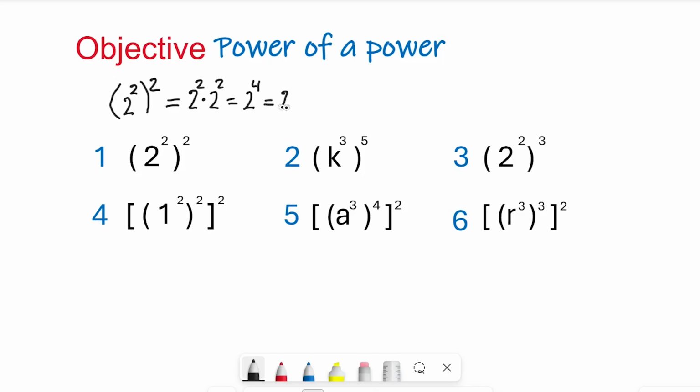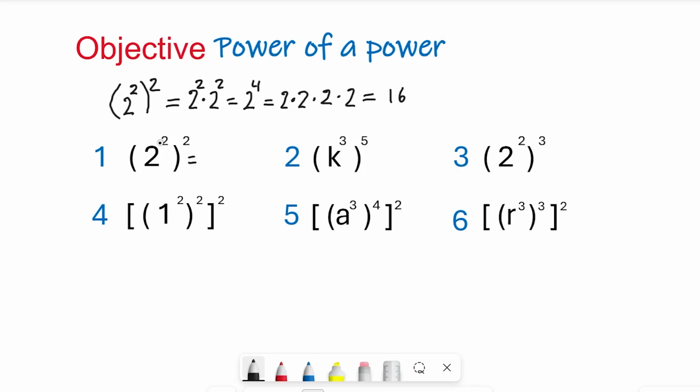And to get the answer, all you have to do is multiply using its factors. And since you have 4 of them, you're going to rewrite it. And then to simplify it, all you have to do is start multiplying. 2 times 2, you get 4, times 2 is 8, times 2, that'll be 16. And according to this property, that's how you're going to get the answer.